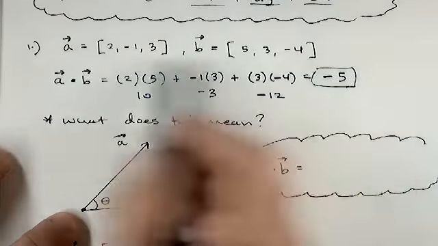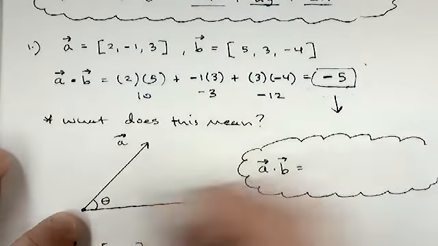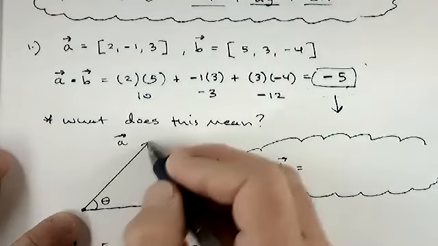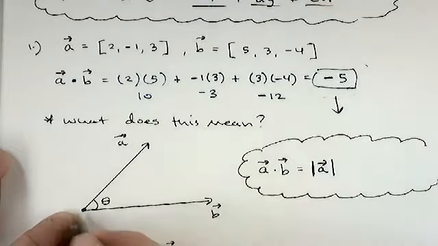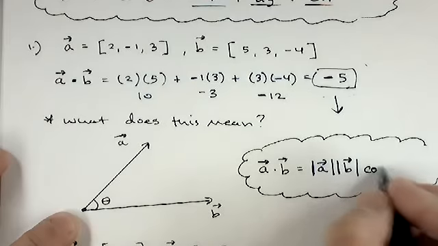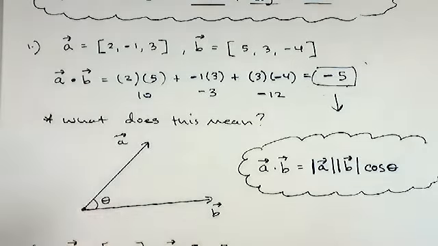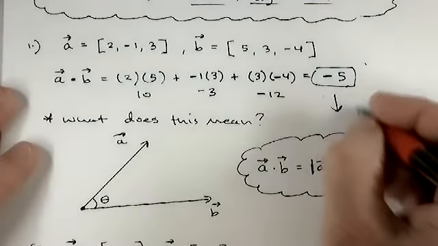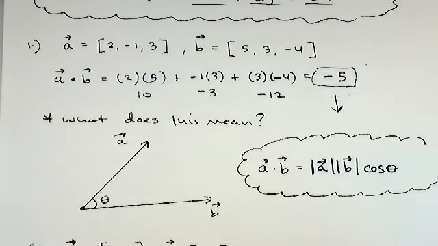And essentially what this number means is it would end up being the magnitude of A multiplied by the magnitude of B, times the cosine of the angle between those two. I'm going to give you more meaning to this in a second here.